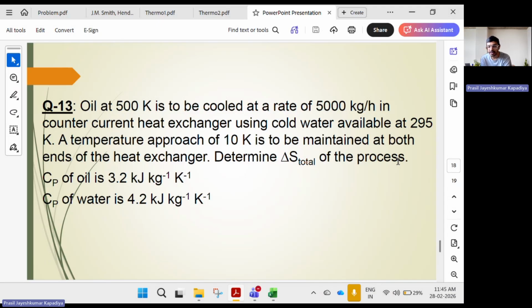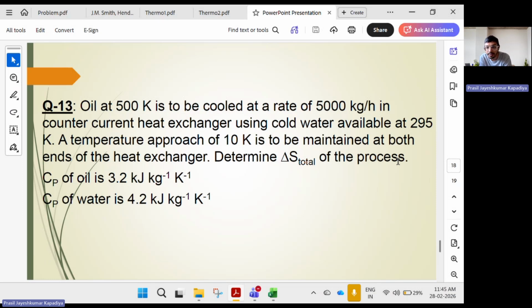Then the compressibility factor method, where we looked at the Lee-Kesler chart. Then from residual volume, where we need to plot VR by RT versus pressure. And then we looked at the residual enthalpy and residual entropy approach, where HR by RT and SR by RT can be calculated from Lee-Kesler charts available in the literature.